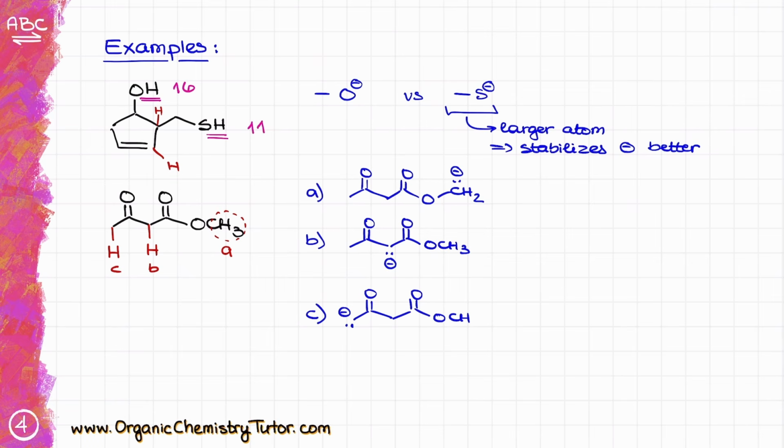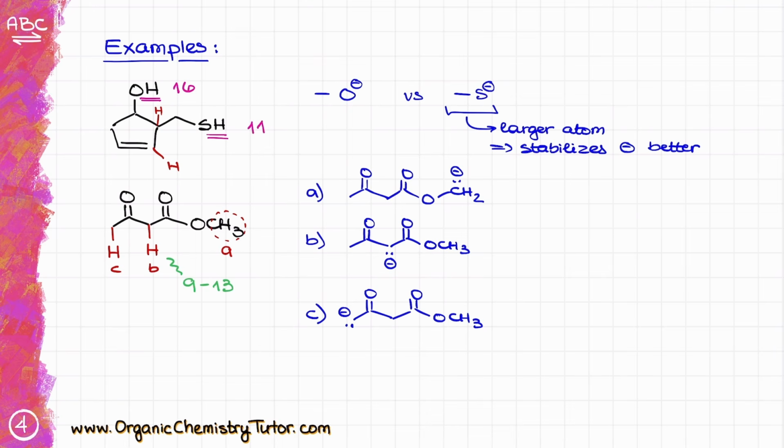I know, based on my knowledge of the pKa values, that proton B has a pKa somewhere between 9 and 13, which means that that one is probably the most acidic proton in this molecule because this is something that I have highlighted previously.